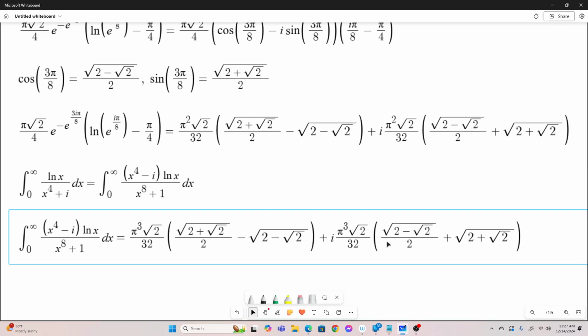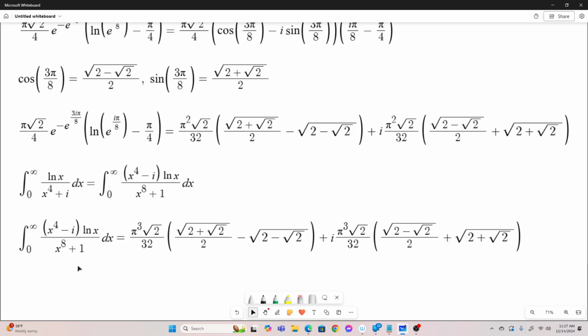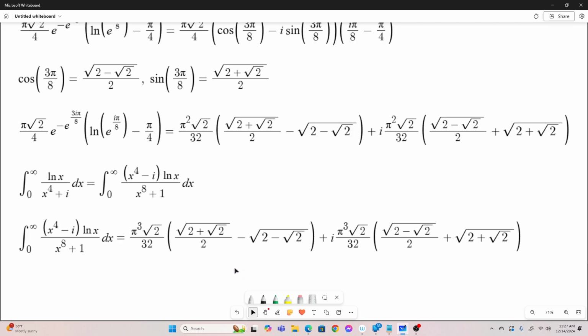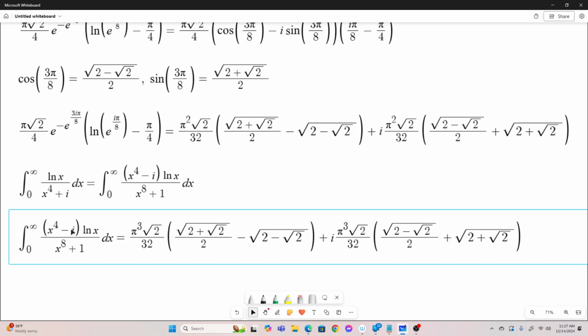So just restating what I just said, this integral right here is equal to this quantity. So now all we have to do is match up the real and imaginary parts, which is very easy. This easily splits into a real integral minus an imaginary integral, or I should say a real integral multiplied by the imaginary unit.